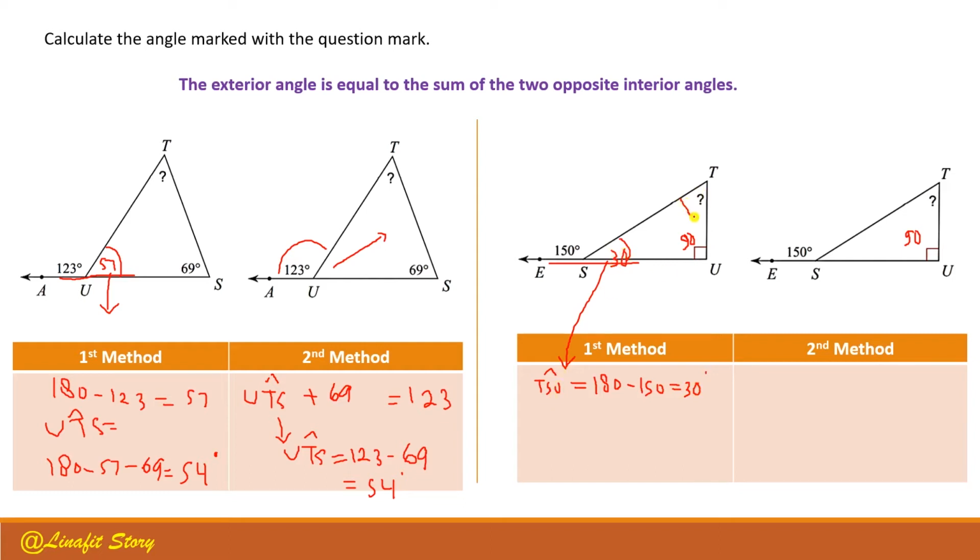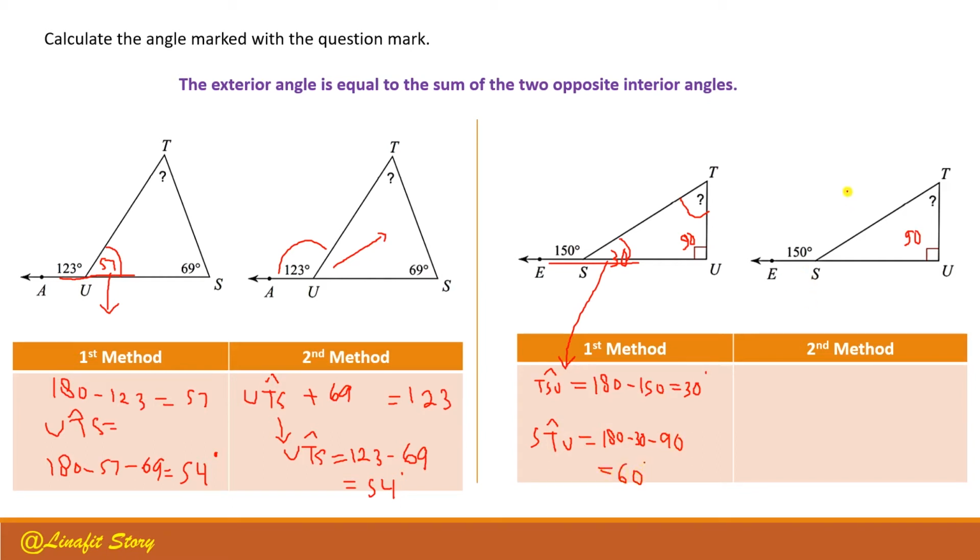And to get STU, it is equal to 180 minus 30 minus 90, which is equal to 60 degrees.